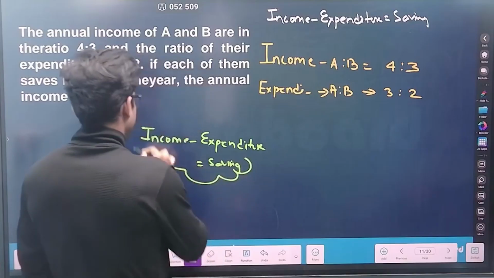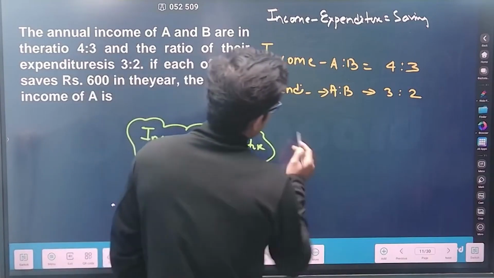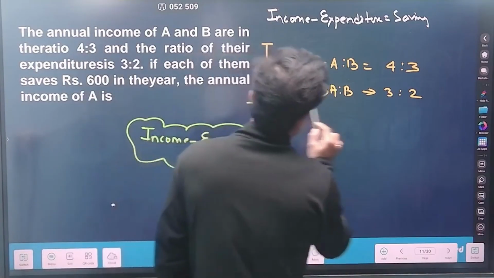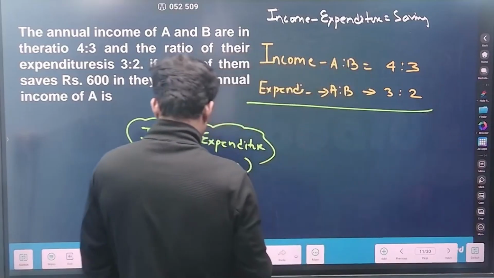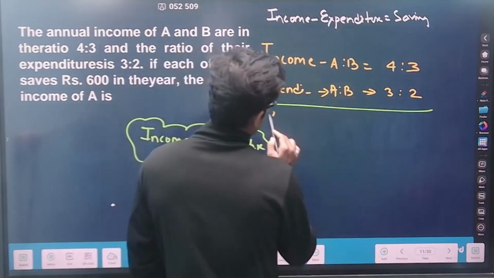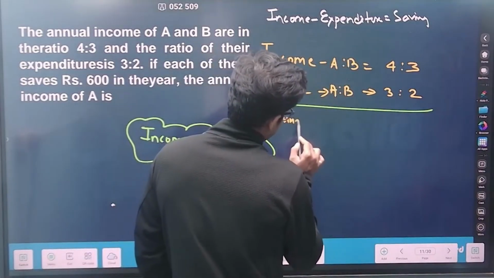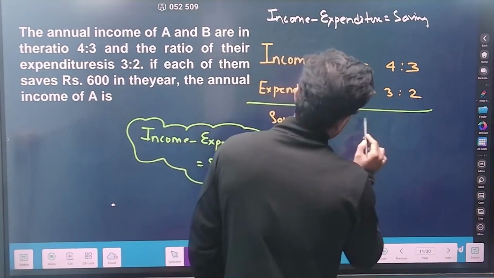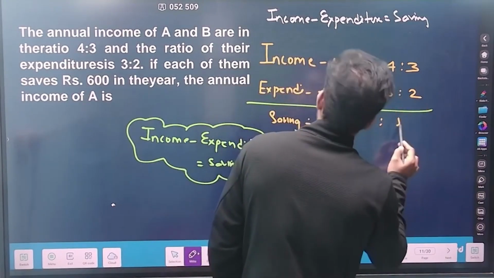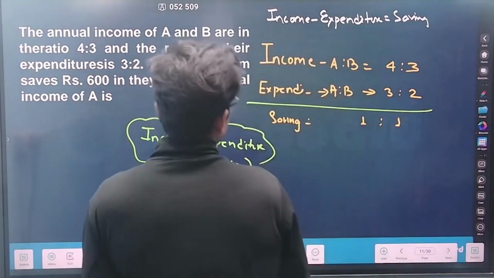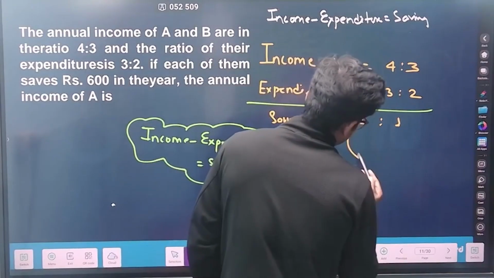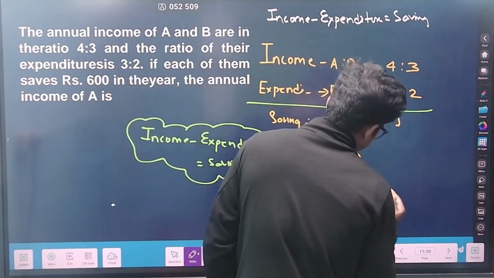This we know. Then here, can I figure out the saving part? Which is 4 minus 3, 1, and 3 minus 2, 1. Each of them saves 1, and according to me, 1 is 600.